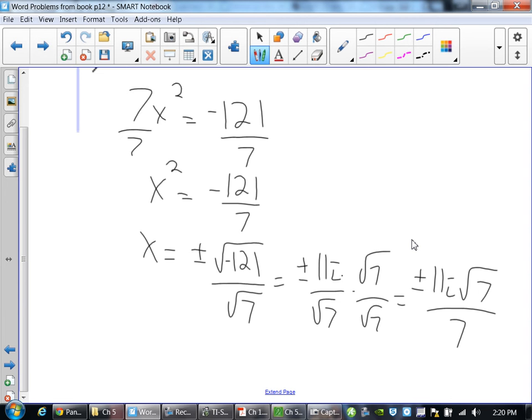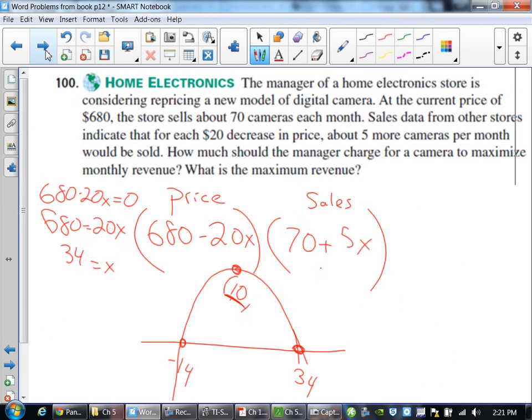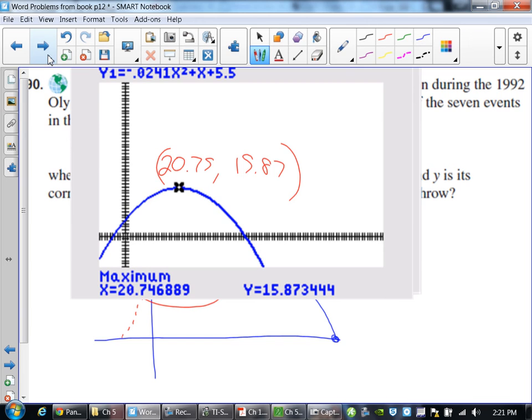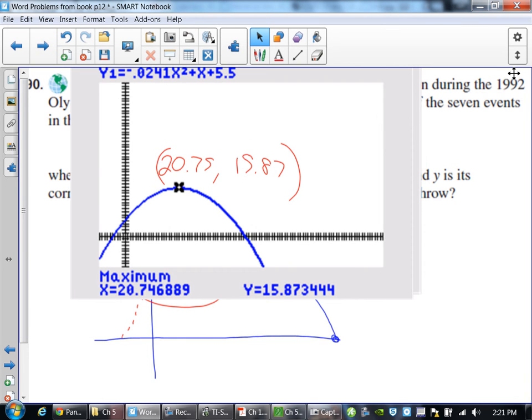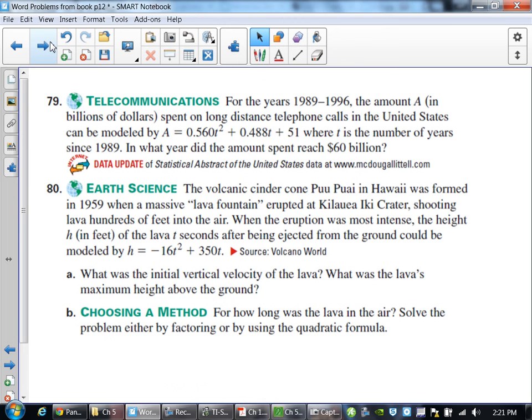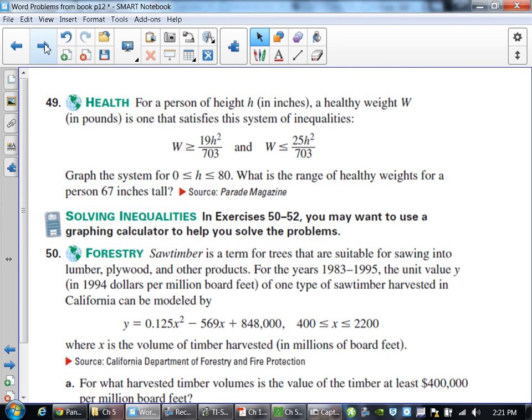Ooh, there was one on there I want to look at. We didn't really talk about one like this. Let's see, where was it? This one.